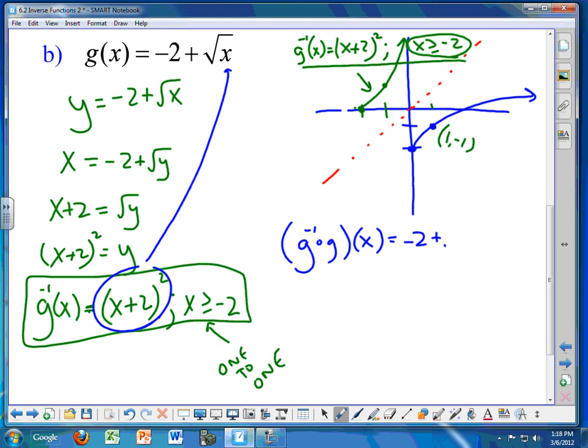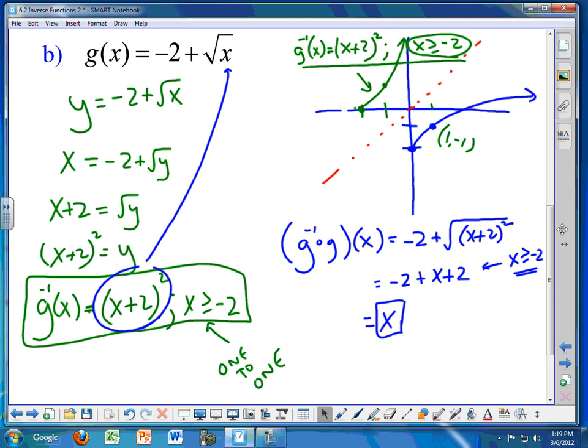Negative 2 plus the square root of x plus 2 quantity squared, negative 2, and in this case it is plus x plus 2. And the reason I don't need an absolute value around this is because of the domain restriction, x greater than or equal to negative 2. There's no absolute value necessary there. So the answer comes out to be just x.